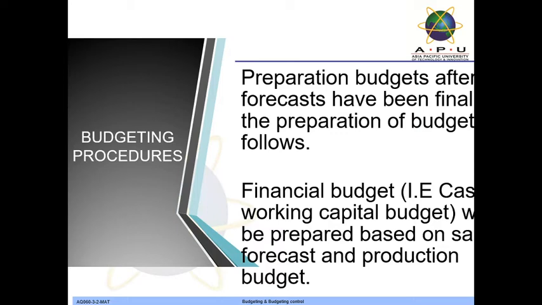We forecast for the whole year what sales we want to achieve, and the production capacity available. The financial budget is the cash or working capital budget, prepared based on the sales forecast and the production budget. All these budgets are combined and coordinated into a master budget. So budgeting is related to each other, from sales until the cash budget.